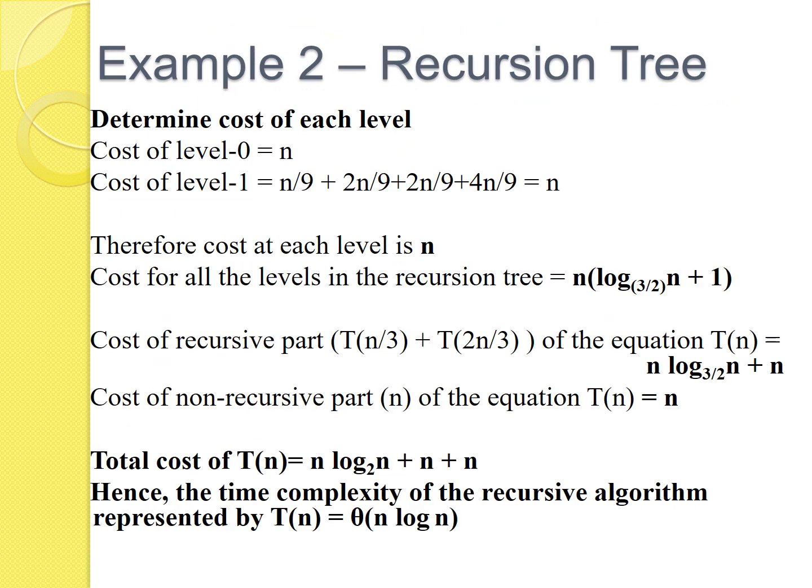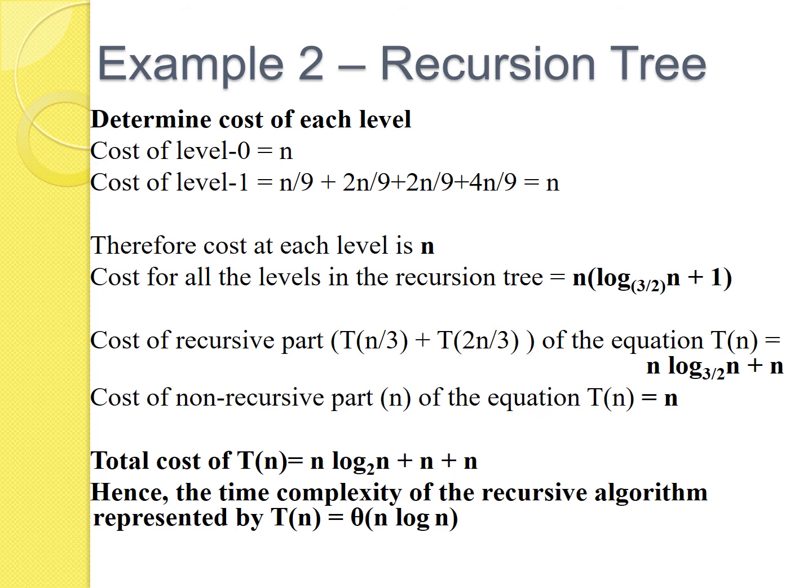Let us determine the cost at each level of the recursion tree. The cost at level 0 equals n. The cost at level 1 also equals n, which is obtained as the total of the cost of all the subproblems at level 1.